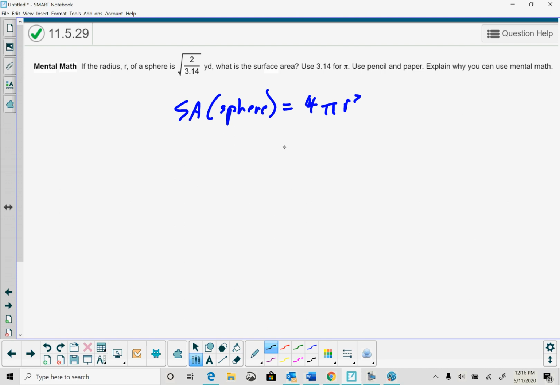So if they're telling us here that the radius is the square root of 2 over 3.14, well, they're saying use 3.14 for pi. I'm going to use pi for 3.14. If they're giving me a conversion factor, it should go both ways.